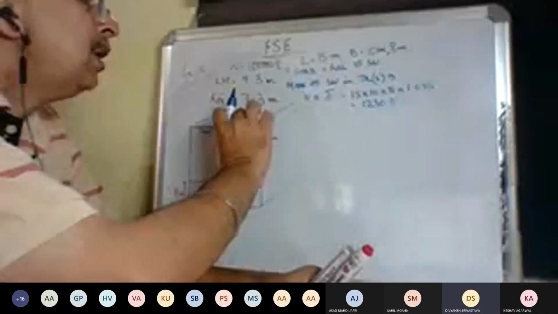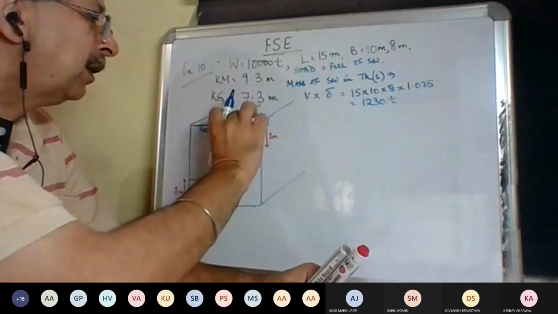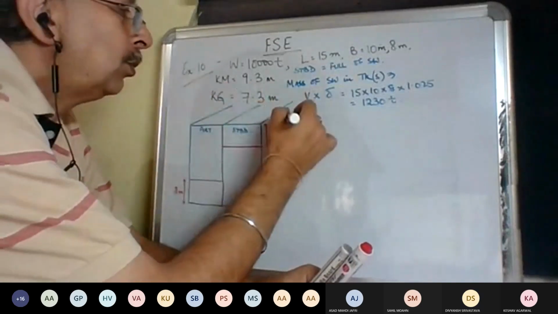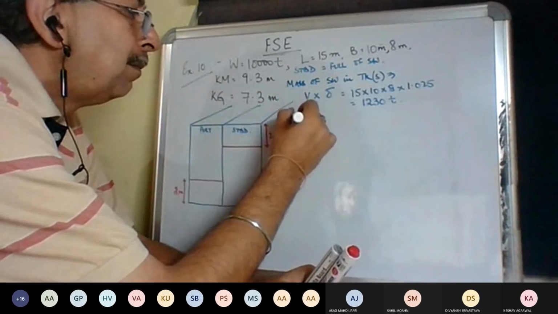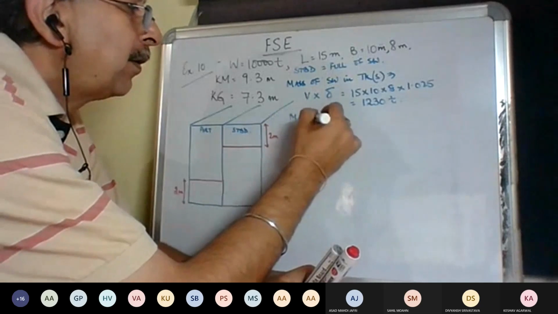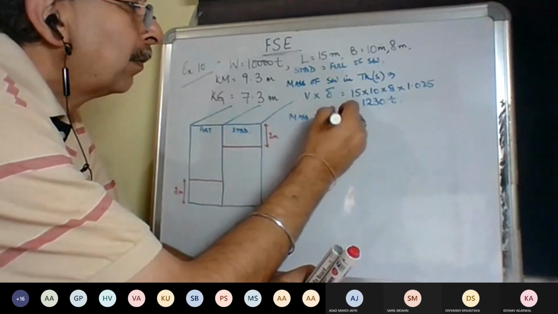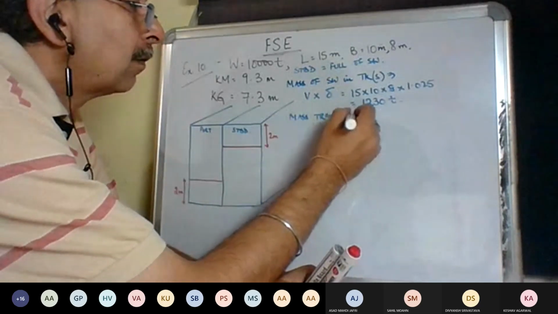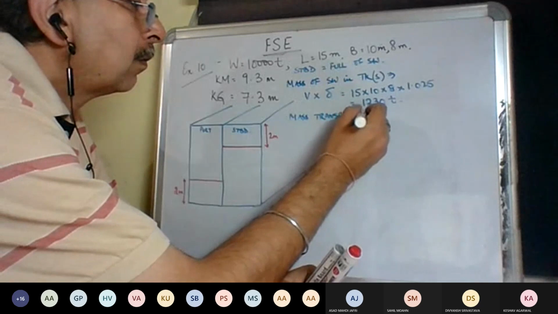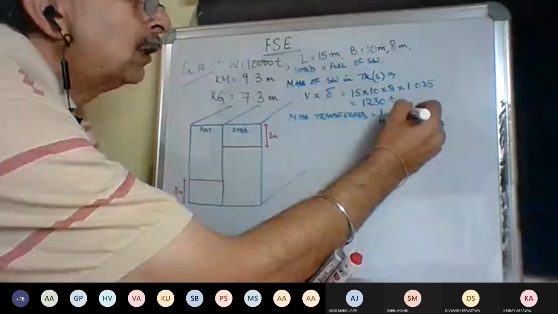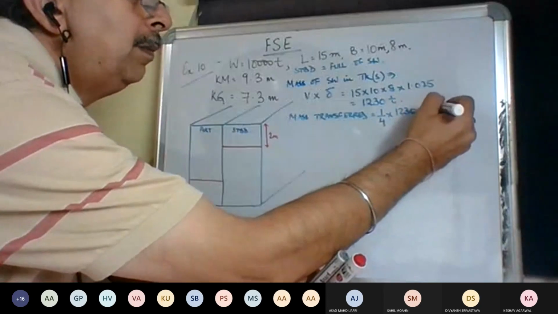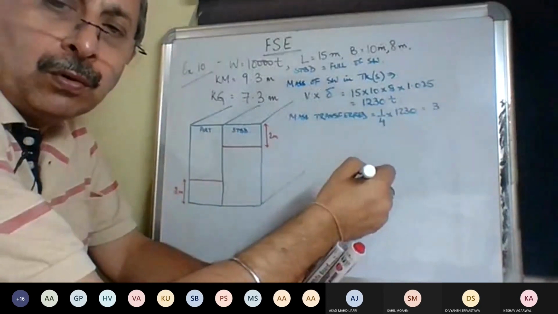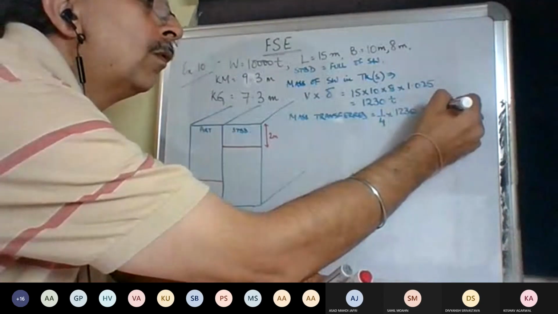Now 1/4 of it has been transferred. So what is the mass transferred? It will be 1/4 of 1230, so 307.5 tons.